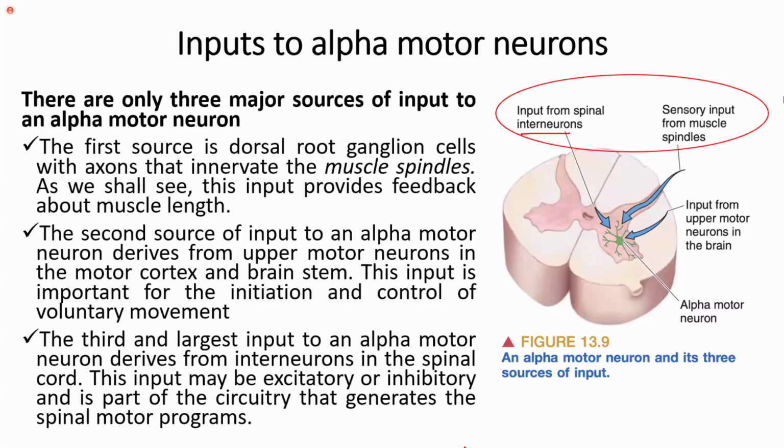It could also receive input from the sensory neurons, the afferent neurons, or from the upper motor neurons in the brain. As we said, we will be focused more on the circuits happening at the level of the spinal cord.